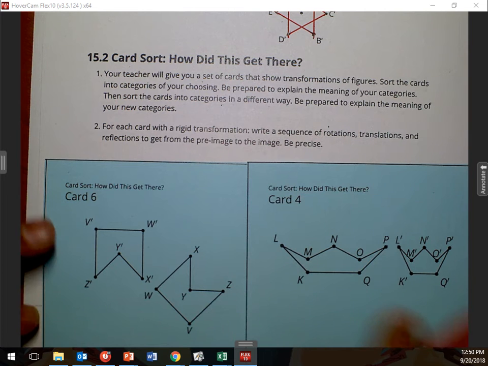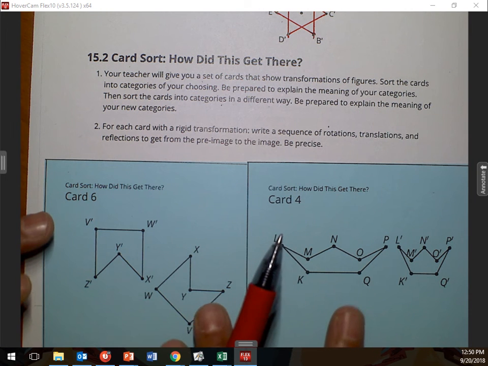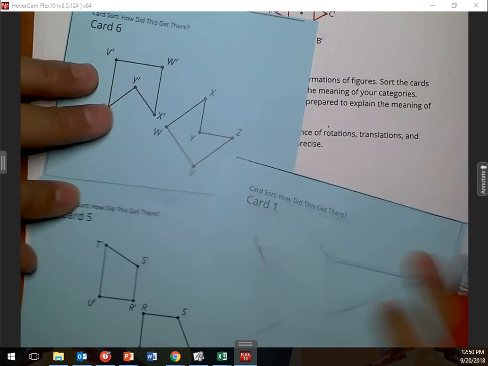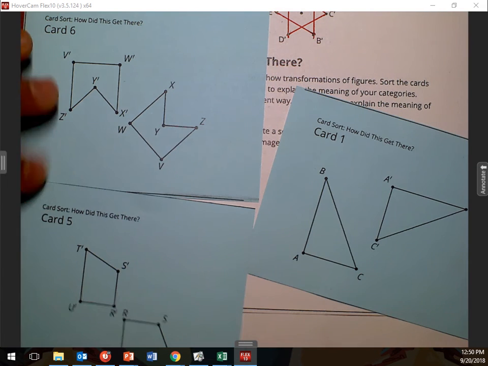Can someone help with this? Anyone else have one for this? Okay, now, anyone else want to volunteer some of theirs? Go ahead. I think cards 1, 5, and 6 are rotations. 1, 5, and 6 are what? Rotations. Oh, okay, that one's good, right?